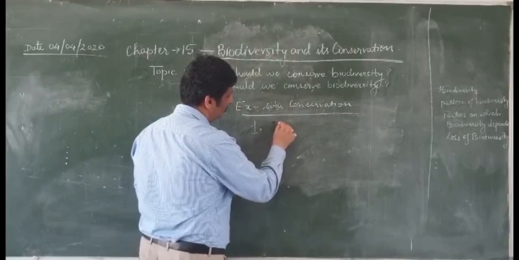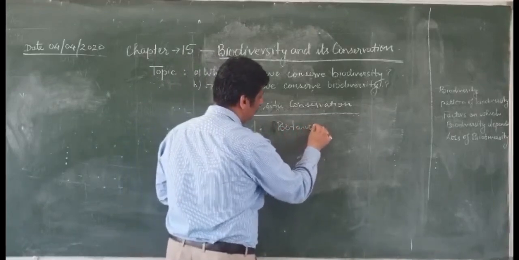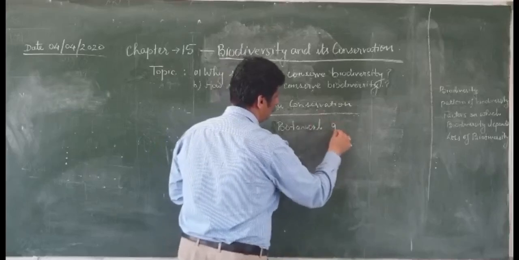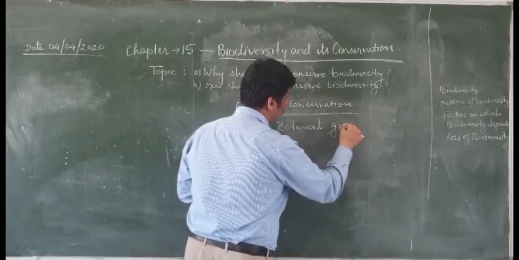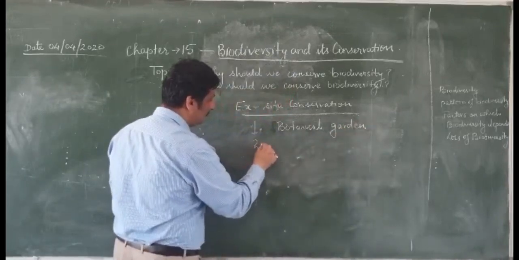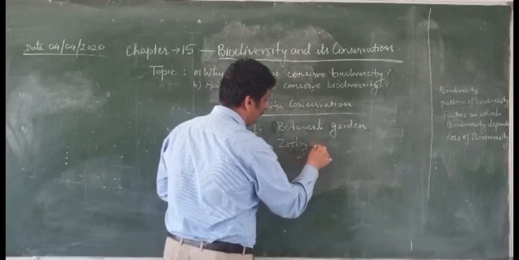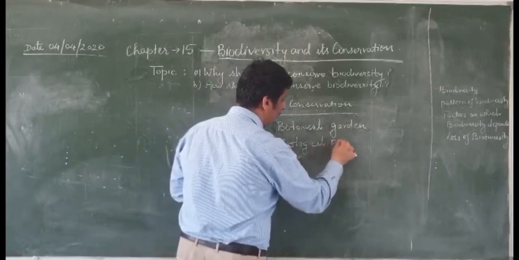For example, in a botanical garden, plants are protected. They are given special care. Then we have zoological parks in which animals are protected.